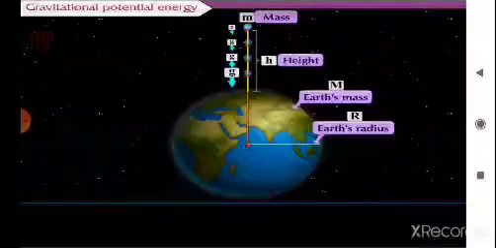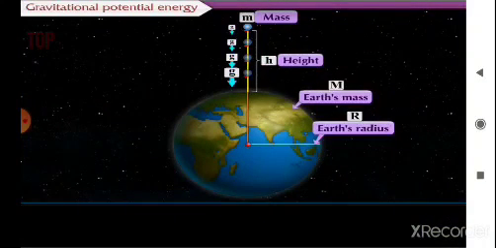When an object is at height h from the surface of the earth, its potential energy is negative G, capital M, m upon R plus h. Here M and R are the Earth's mass and radius respectively.